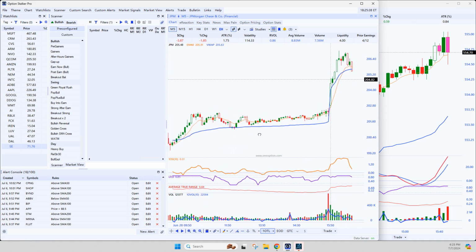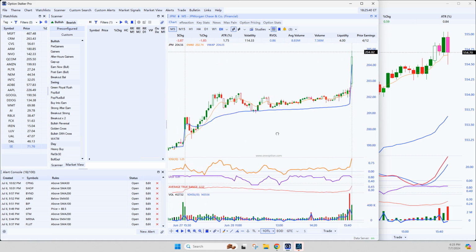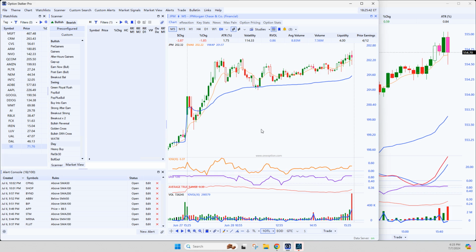All right, this is a chart of JPM on June 28th. I entered at 11:21 a.m., so this candle right here at 201.94, so about right here. This is one of those instances where, again, I didn't enter well.